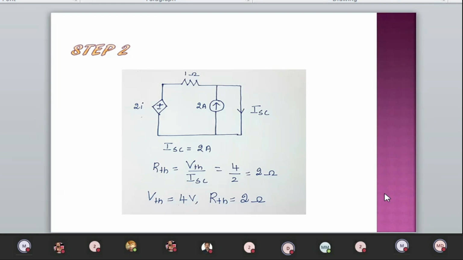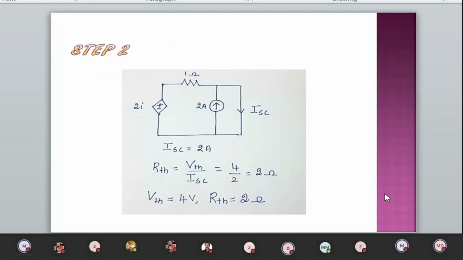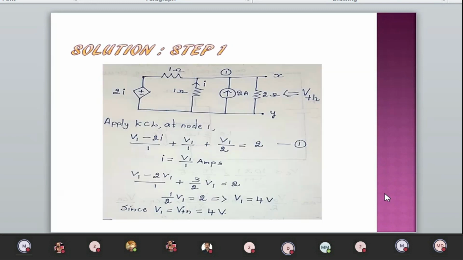So the result is V Thevenin is equal to 4 volts and R Thevenin is equal to 2 ohms. So see here, I'm creating a virtual short circuit like Norton's. Okay, across AB, I'm creating a short circuit. When I create a short circuit, the 2 ohms will be dead. Okay, 2 into 0 divided by 2 plus 0 is what? 0. Okay, understand one important point.